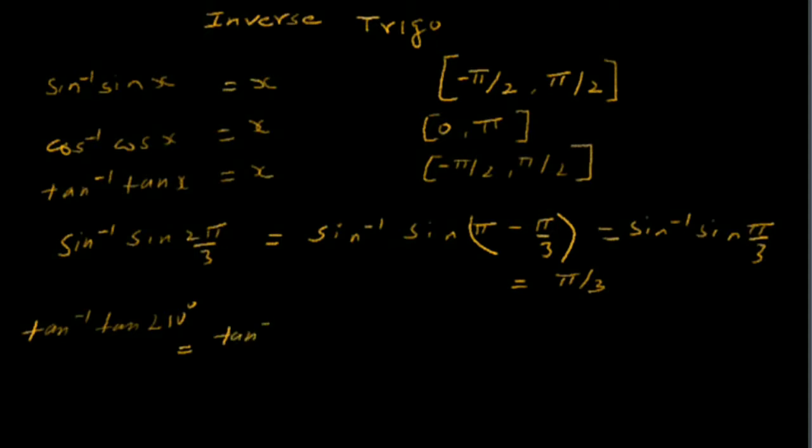Can I write this as tan inverse tan of 180 plus 30, which comes out to be tan 30, and as 30 is between minus pi by 2 and pi by 2, the answer will be 30, that is pi by 6. So you can deal with the domain problem easily.